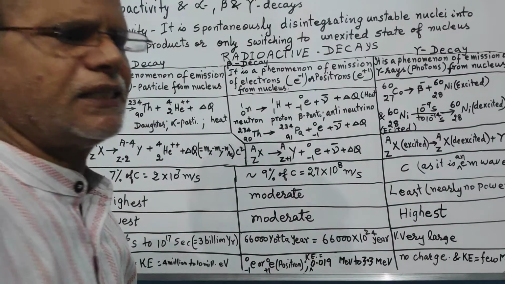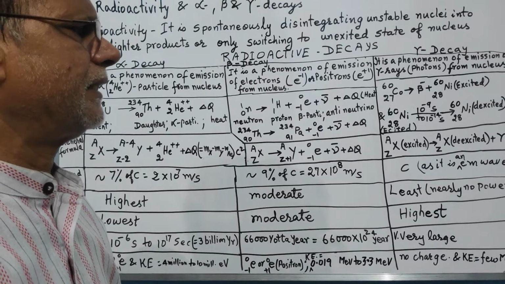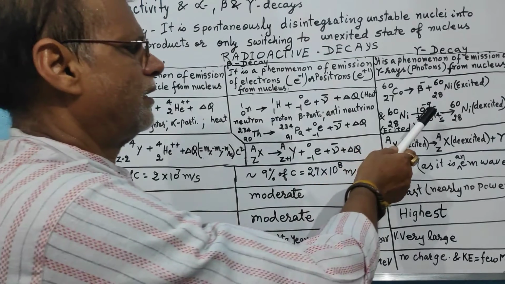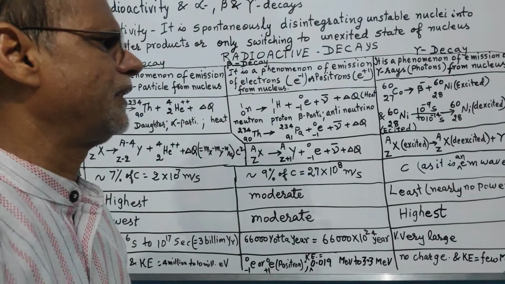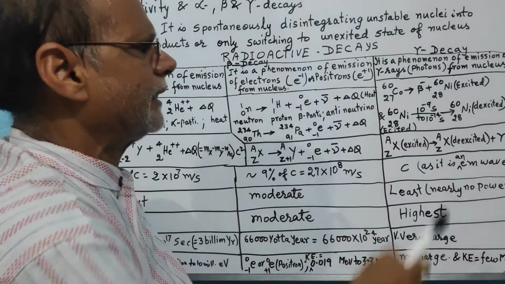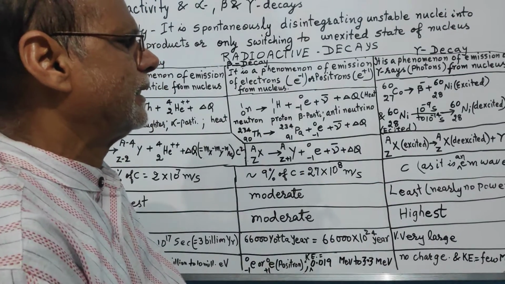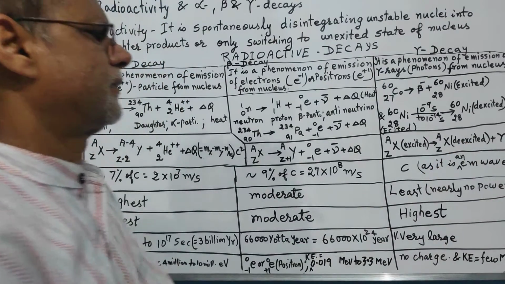Now in the second stage, this nickel gets de-excited in a time of 10 to the power minus 9 to 10 to the power minus 14 seconds, and while it de-excites, it loses energy which appears in the form of gamma rays.